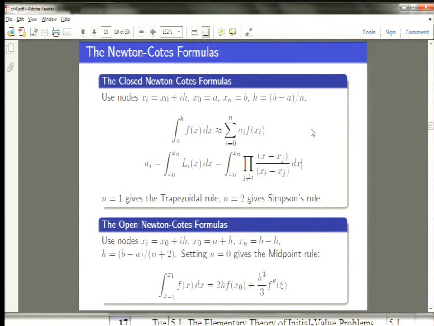And it just leads to more and more complicated formulas. But it can be done. In fact, the coefficients are not derived here. They're simply just saying that it can be done. OK? So these are called the closed Newton-Cotes formulas. And you'll see why it's called closed. So trapezoidal rule and Simpson are special cases of the closed Newton-Cotes formula for n equals 1 and n equals 2. Now, here's one thing I mentioned before, the midpoint rule.